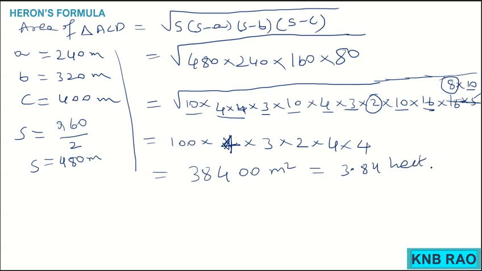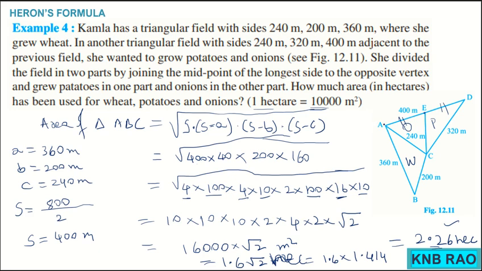So we have area of triangle ACD becoming 3.84 hectares. Children, but in that 3.84 hectare, half is used for taking a crop of potatoes, another half onion. Why I said half?